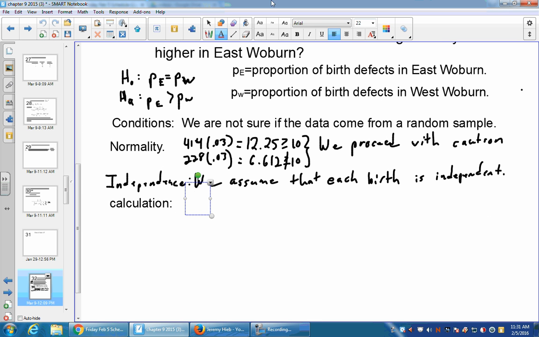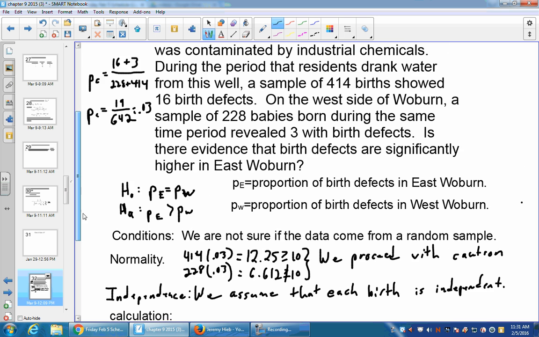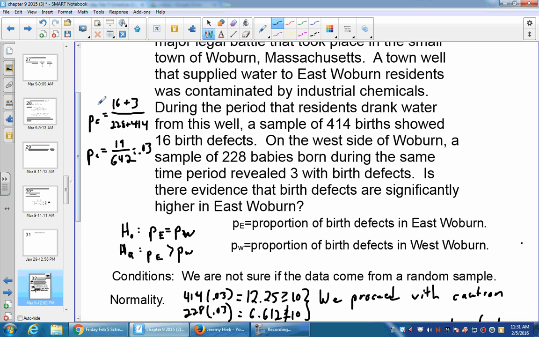So I'll switch to my pen. So our z-score, what we do is we take one p hat minus the other p hat. So let's find our values. We have p hat 1 and p hat 2.